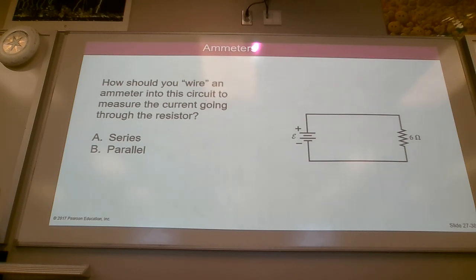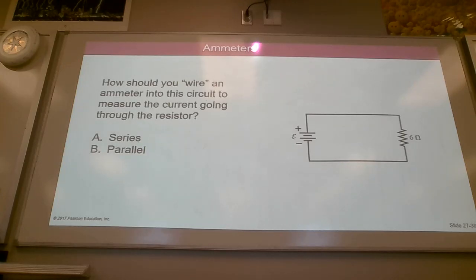An ammeter measures current. Amps. I don't know why we call it an ammeter. Maybe the person who created the ammeter couldn't pronounce P's. I mean, technically speaking, what was the guy's first name?